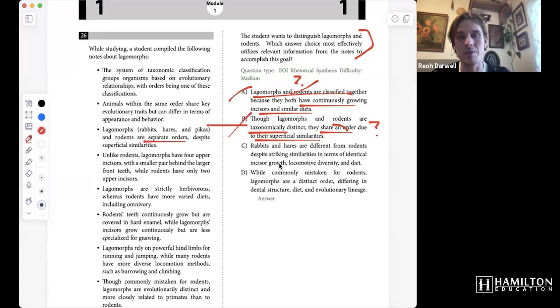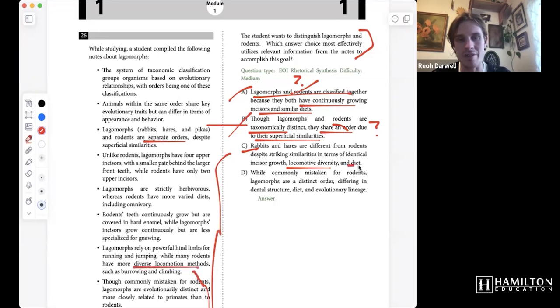C, they are different from rodents despite striking similarities in terms of identical incisor growth, locomotive diversity, and diet. All right, so this one is wrong because do they have striking similarities in terms of locomotive diversity? No, right? This is one of the things that's different between them.